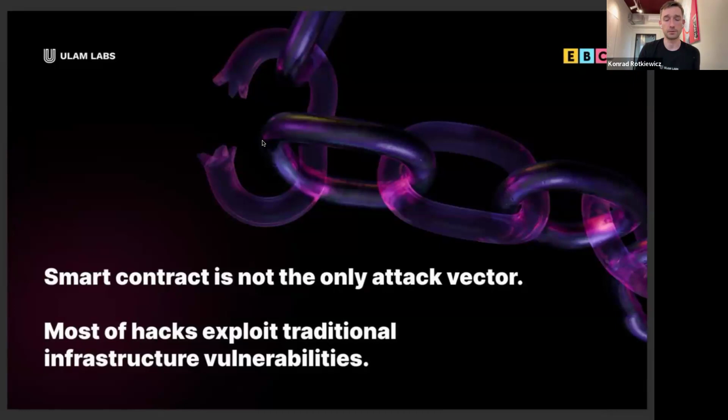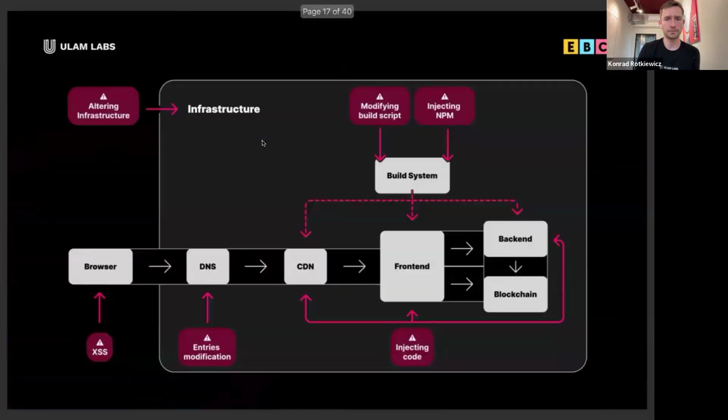Now you can see how a typical infrastructure of a decentralized or centralized application looks like, with many parts. Some parts could be missing here, but I think it covers most of the scenarios.